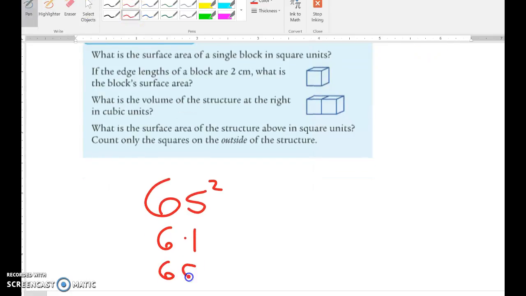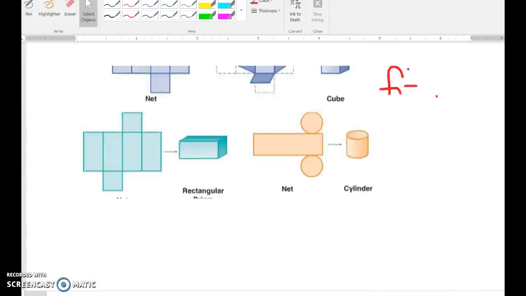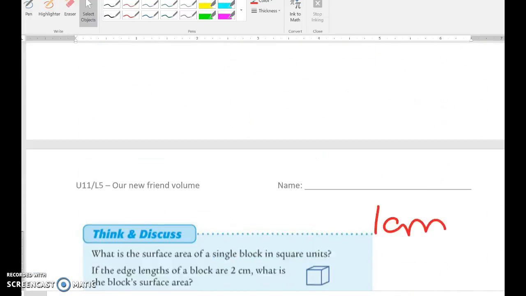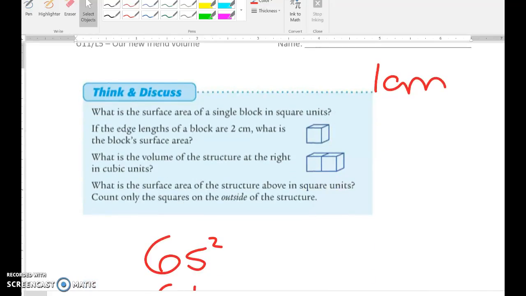I think it said above that they were each 1 centimeter, right? Right, if they each have an edge of 1 centimeter. Now we're going to say, let's imagine that it's 2 centimeters. How does that change? Say we've got a cube and the edge lengths are 2 centimeters.